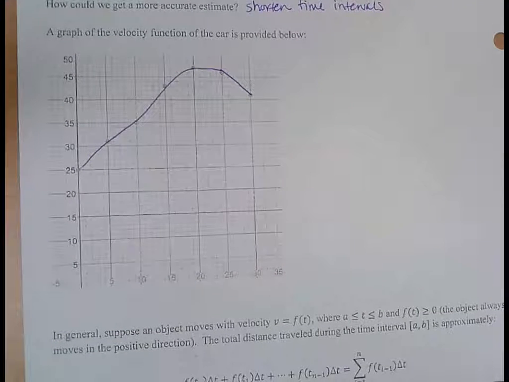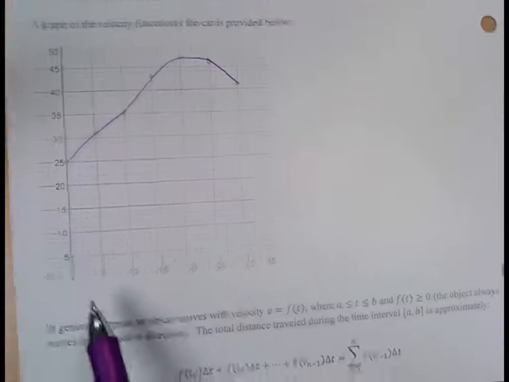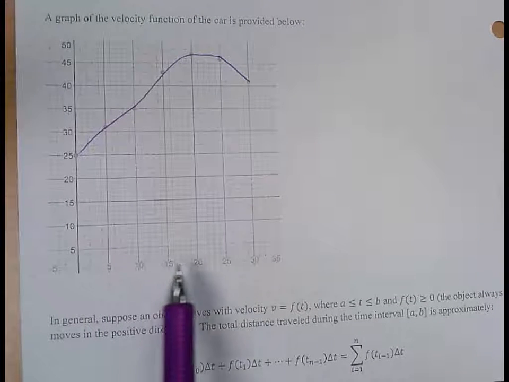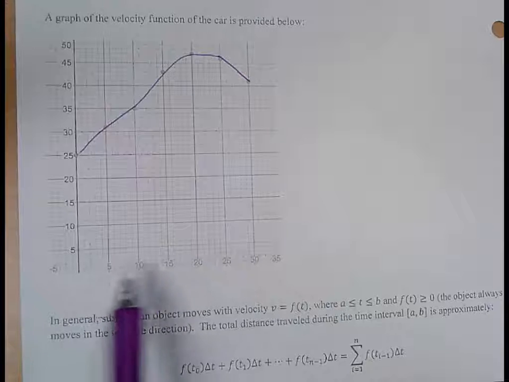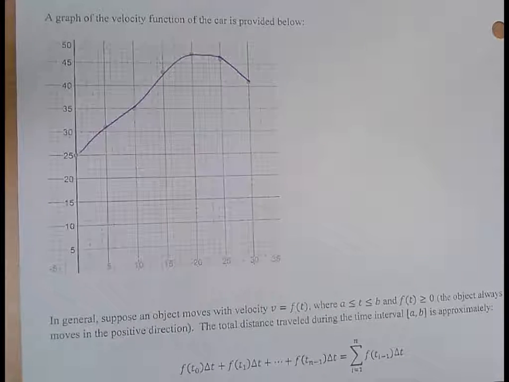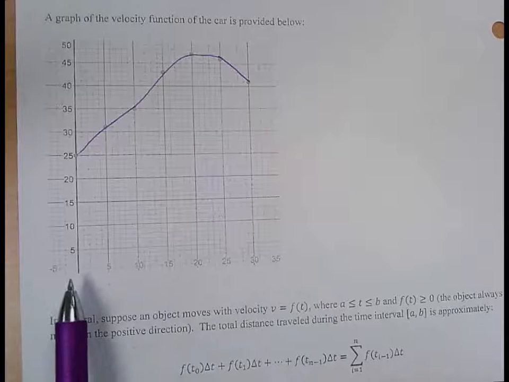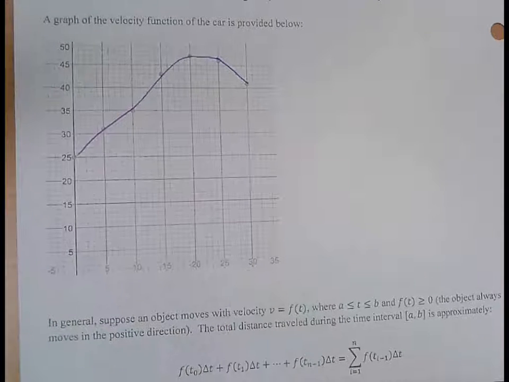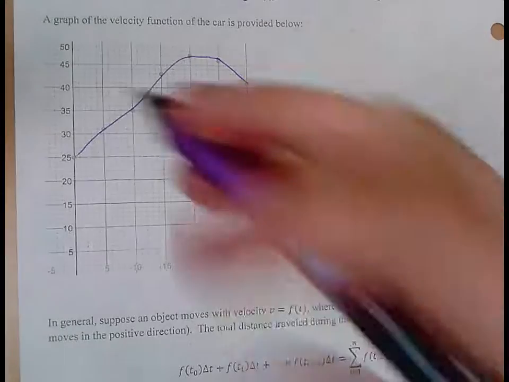We don't have an equation for it, but I want to tie this into what we did on Monday. I already have the x-axis in intervals of 5. So if you were to tie in what we did on Monday and say, I'm going to take the interval from 0 to 30 and divide it into 6 intervals.